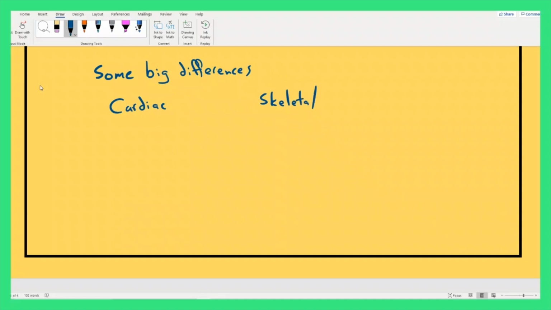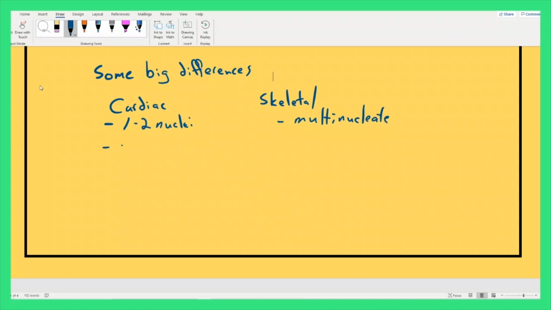So cardiac muscle fibers, they have what? One, maybe two nuclei per cell. Skeletal muscle fibers, multinucleate.